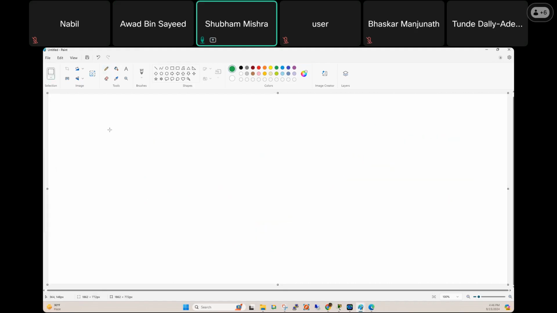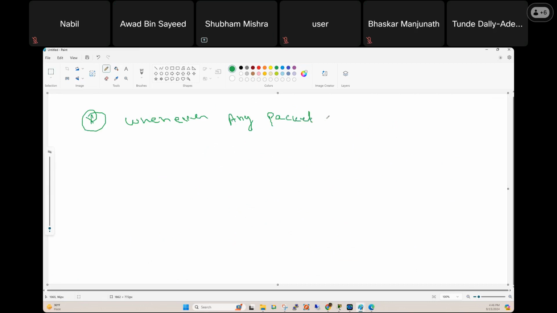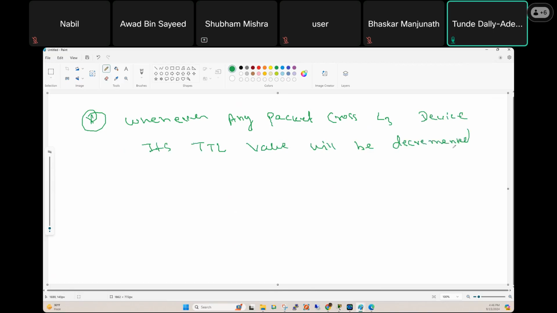Second thing, please remember one thing. You guys are writing, please write this line. Whenever any packet crosses an L3 device, its TTL value will be decremented by 1.